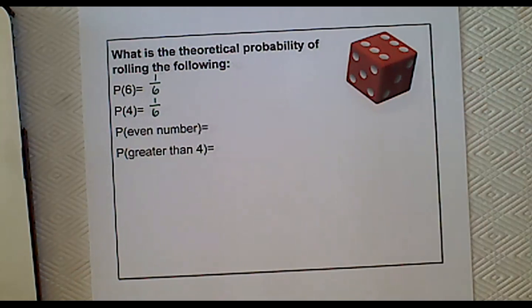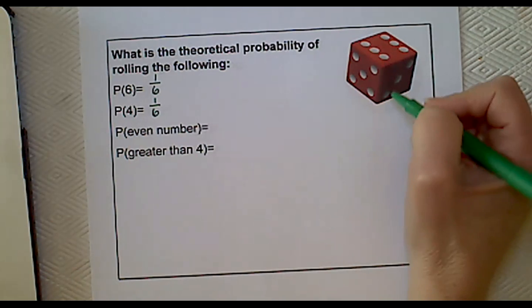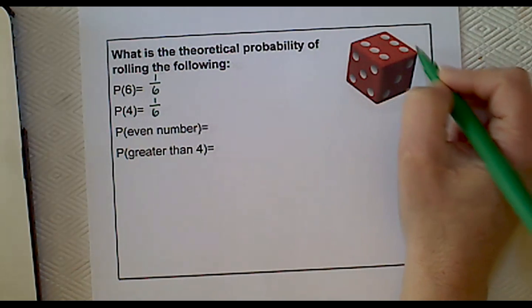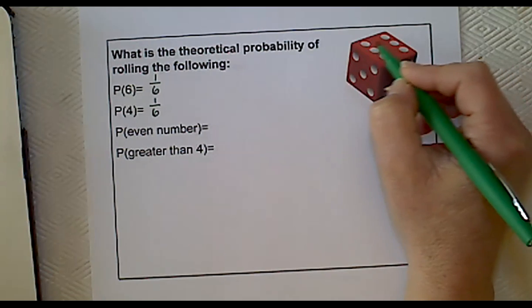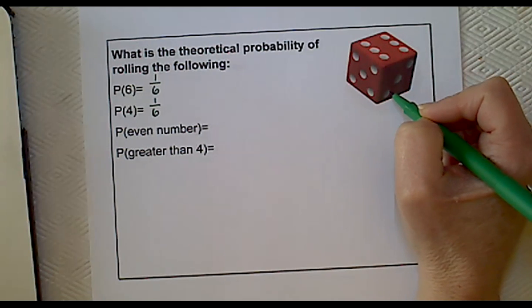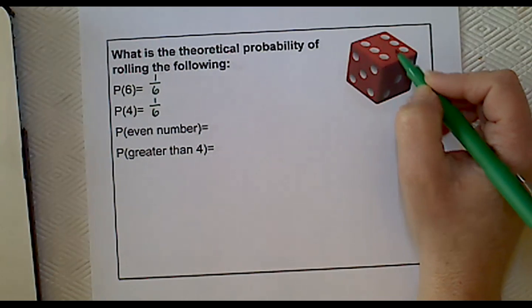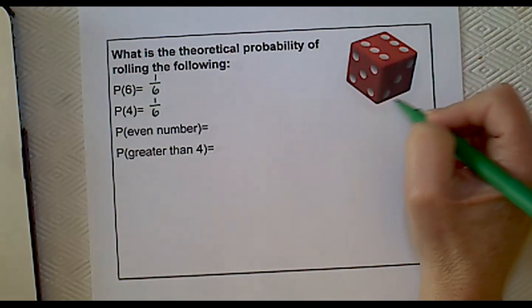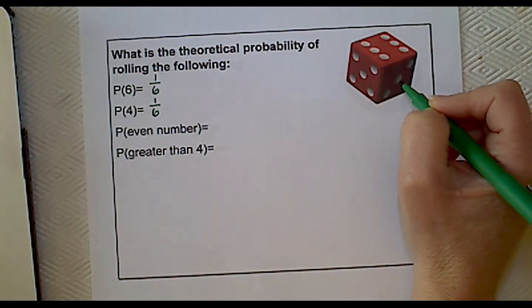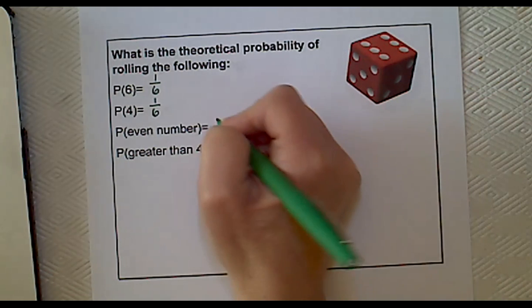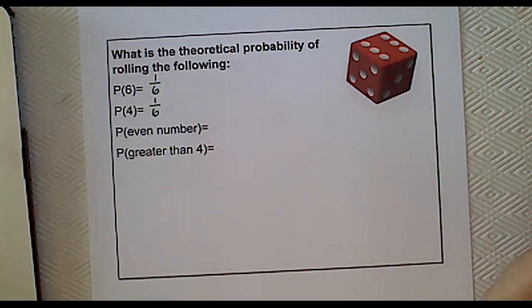Now, when we move on, it says an even number. So again, think about your number cube. All the numbers on your number cube are 1, 2, 3, 4, 5, and 6. So we want to think about what's the probability of rolling an even number. Our even numbers are 2, 4, and 6.